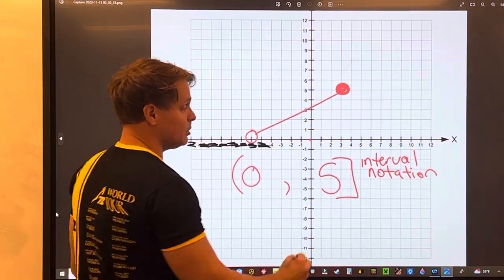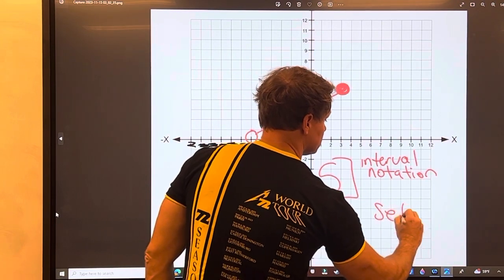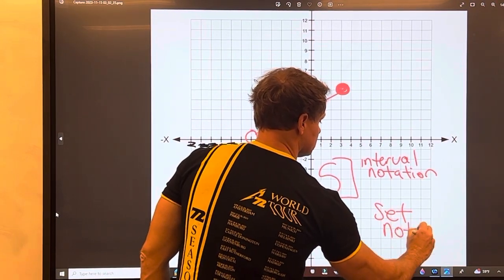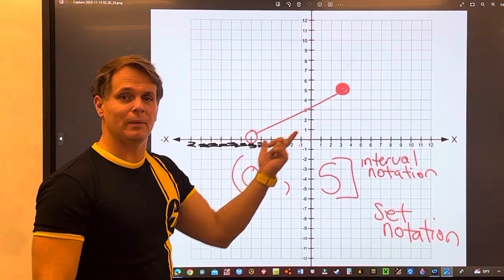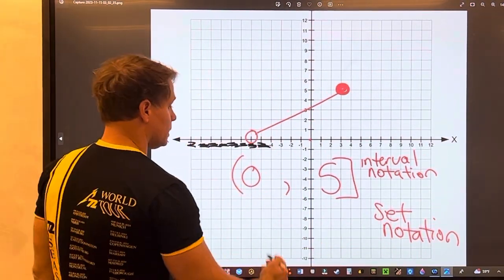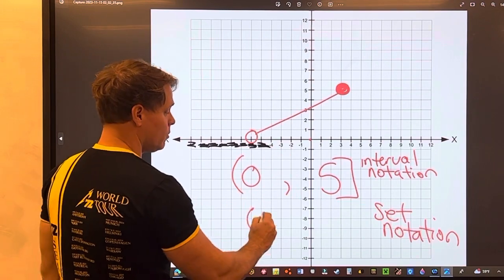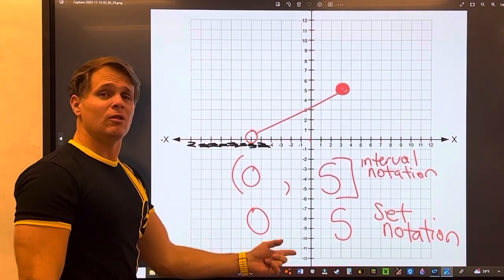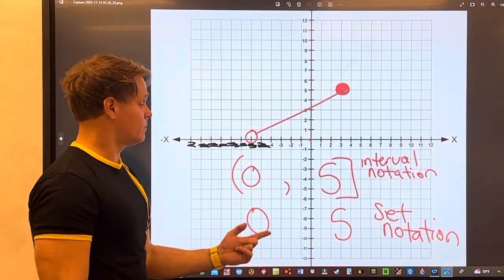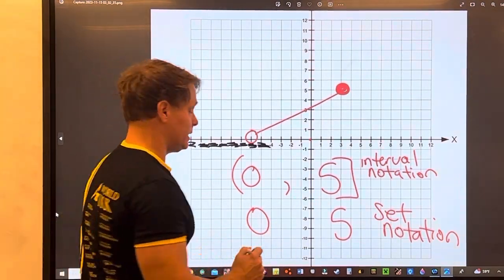Now the next thing I'm going to do is I'm going to write it in set notation. It's got 2 points, that means I'm going to write down 2 numbers. I'm going to write down the smallest number 0, the biggest number is 5. Now in the middle of them, you always write the letter y if you're looking for the range.